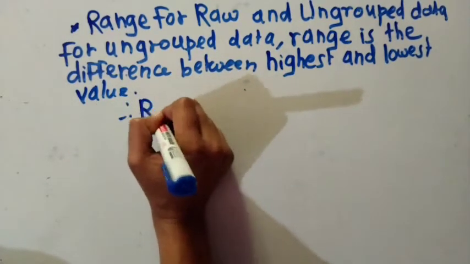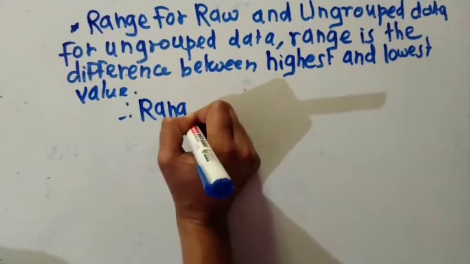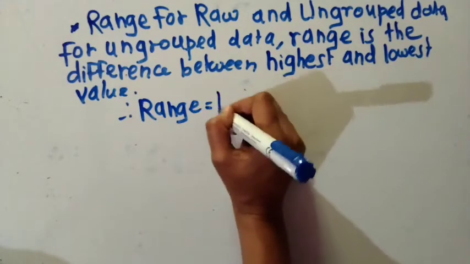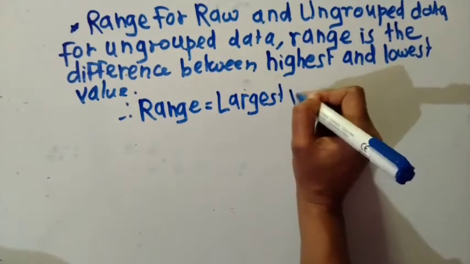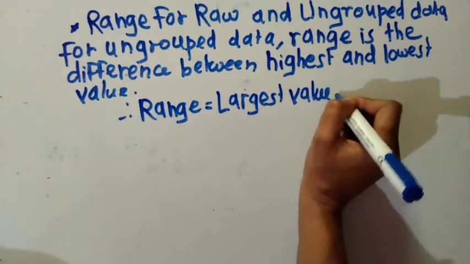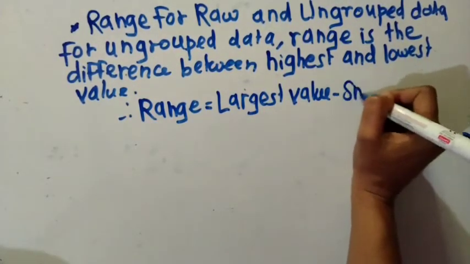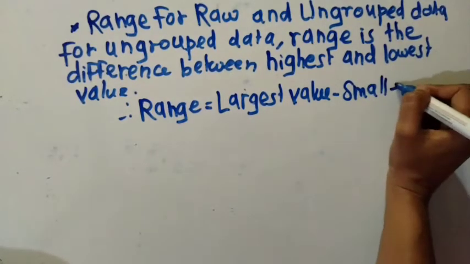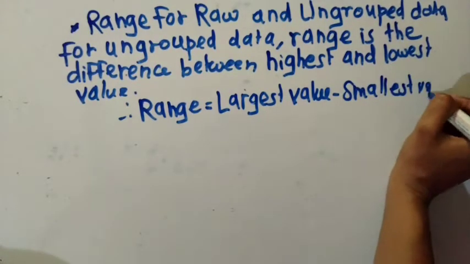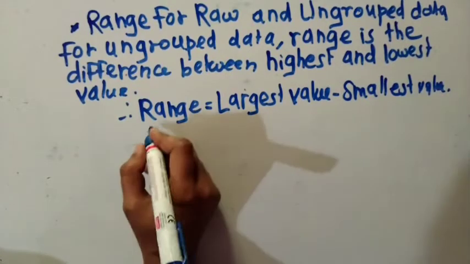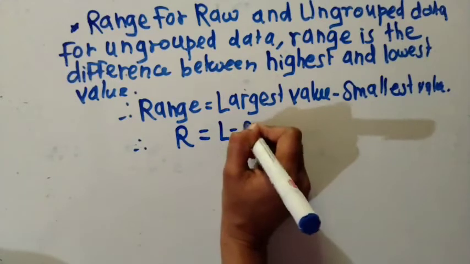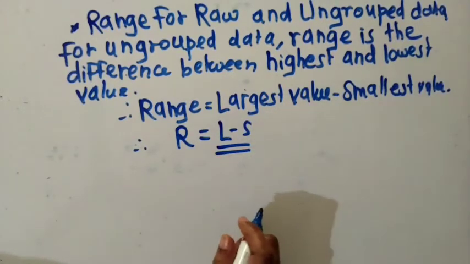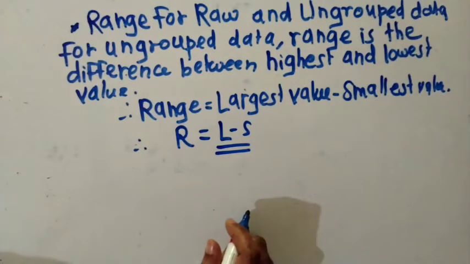Hence, range is equal to largest value minus smallest value. Hence, R is equal to L minus S is the formula for ungrouped data.